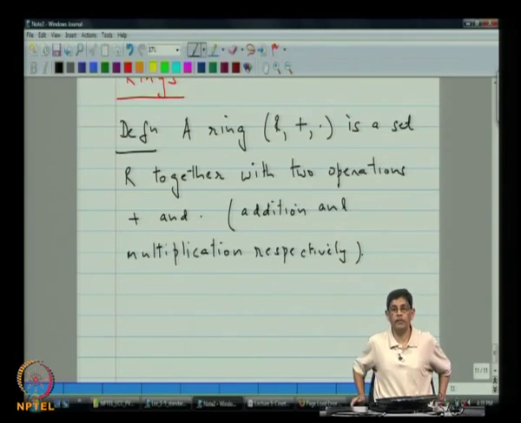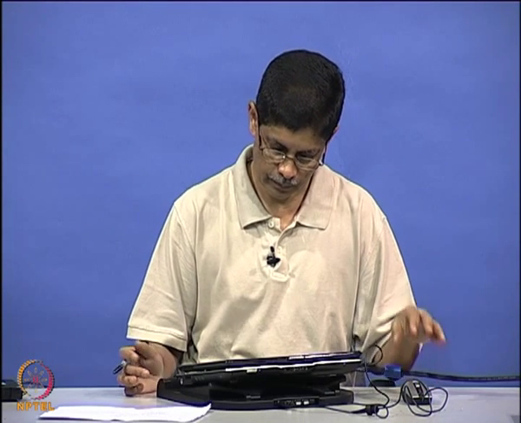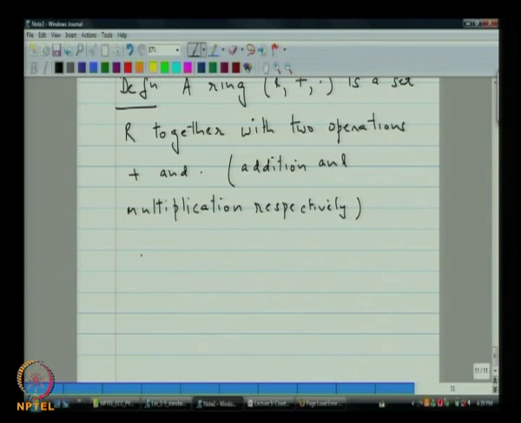So recall that when we were talking about groups, on the other hand, there was just a single operation, right? So there was just a single operation, and then there were axioms all related to that single operation. Now for the first time we are actually talking about a set, but now there are 2 operations. Okay, so that's the difference. And so what we are going to do is lay down axioms involving both of the operations, satisfying the following.